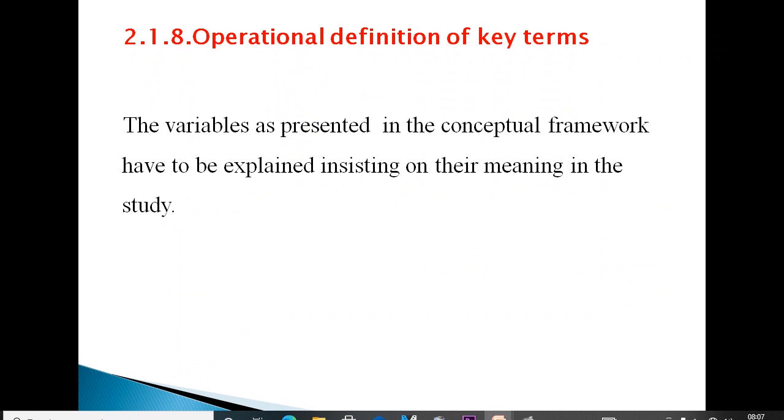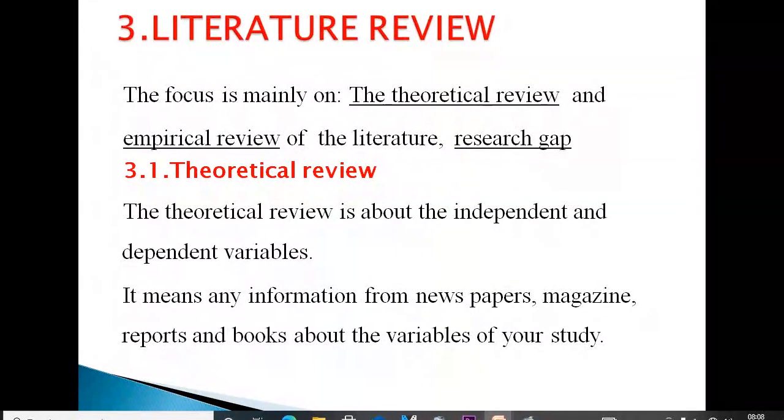Then after presenting the general introduction of your research proposal, which includes background of the study, problem statement, research objectives, research questions, research hypothesis, scope of the study and the significance of the study, conceptual framework, and the operational definition of key terms, the researcher moves forward and presents the literature review.